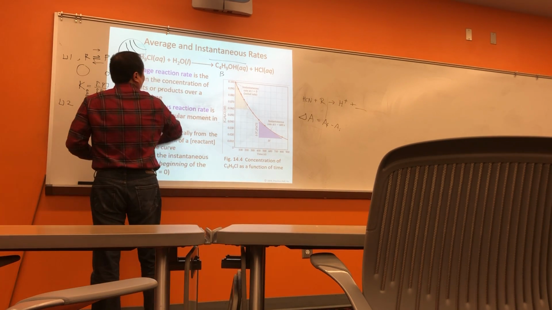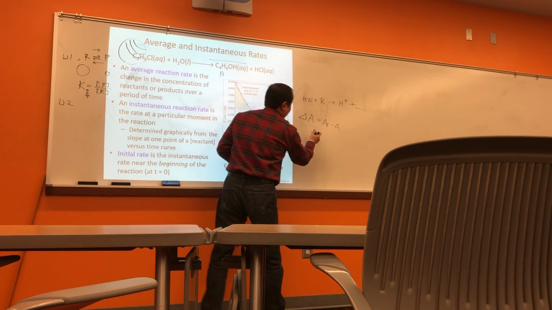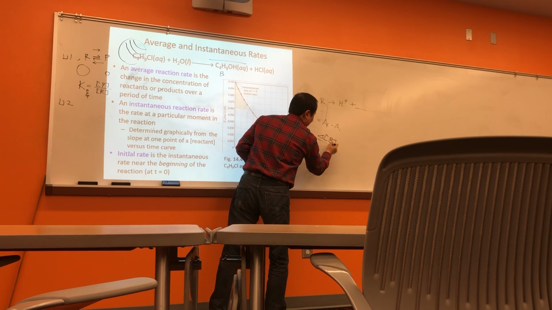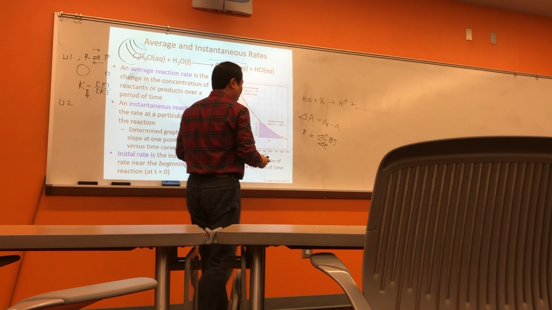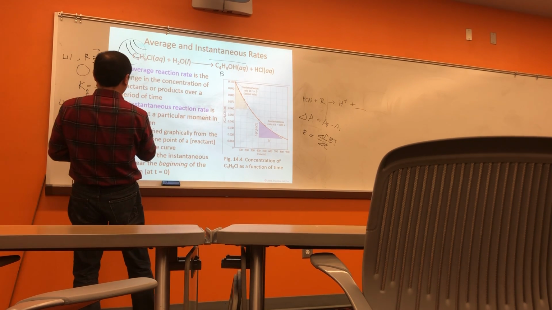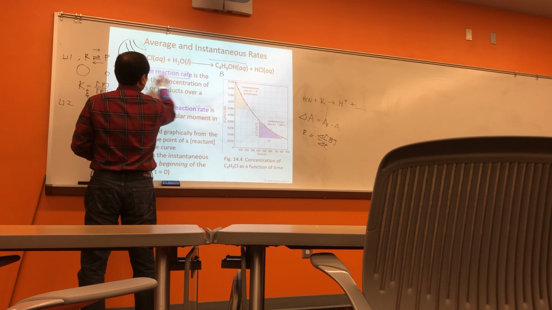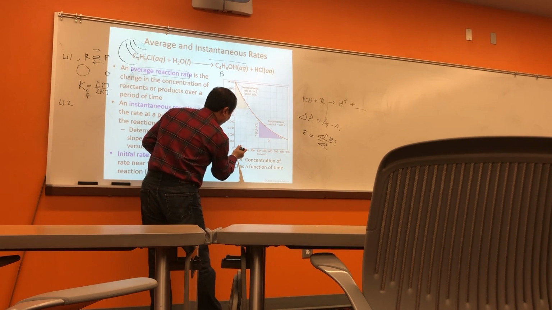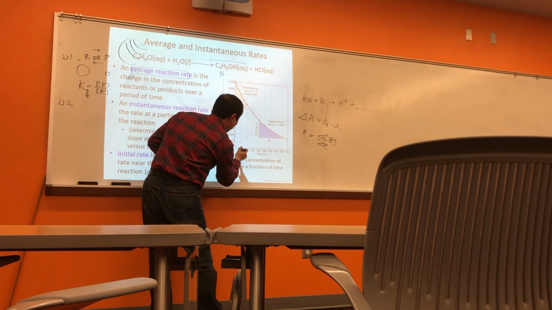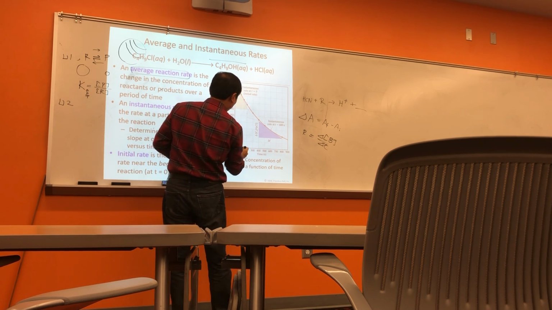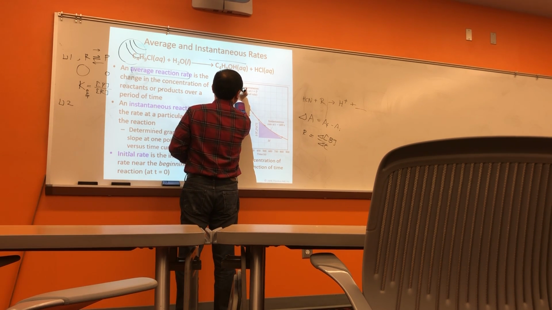So the rate we just defined as delta B over delta T is what we call the average reaction rate. What we did is, between 0 and 50 seconds, at 0 seconds you have this concentration and at 50 seconds you have that concentration.